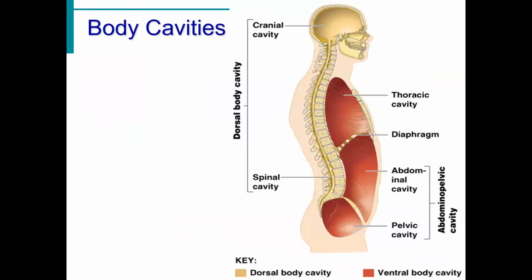We've got cavities, right? These body cavities, the dorsal body cavity, right? We've got this cranial cavity, a thoracic cavity, diaphragm, abdominal cavity, pelvic cavity, spinal cavity, all right? We've got those that are considered to be dorsal and some that are considered to be ventral.